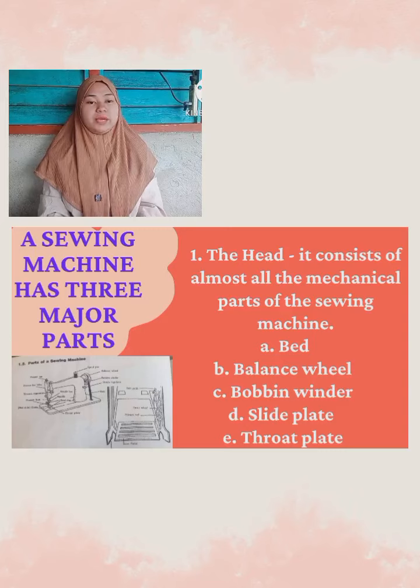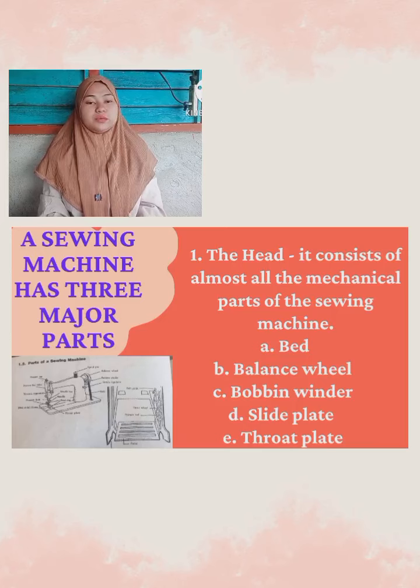First is the bed, which is the flat part of the head where the fabric is put while sewing. And then the balance wheel, found at the right part of the head. It is connected to the belt that controls the movement of the take up lever and needle bar. Then the bobbin winder, used to wind thread on the bobbin, located near the balance wheel.